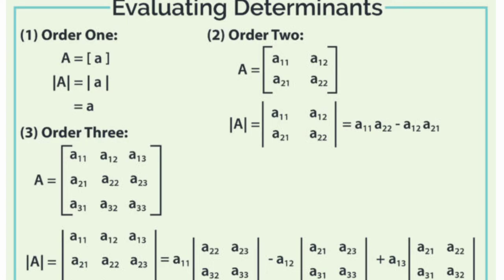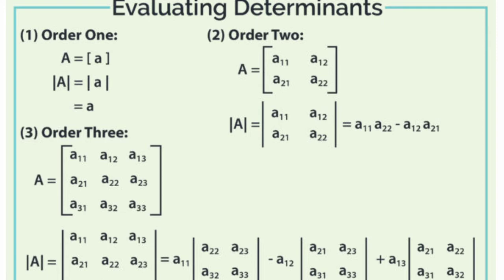So here is the order of matrix and the determinant on that basis. A matrix of order 1 by 1 has its determinant equal to the magnitude of the element. Similarly, a second order matrix having elements a11, a12, a21 and a22 gives the value of determinant.